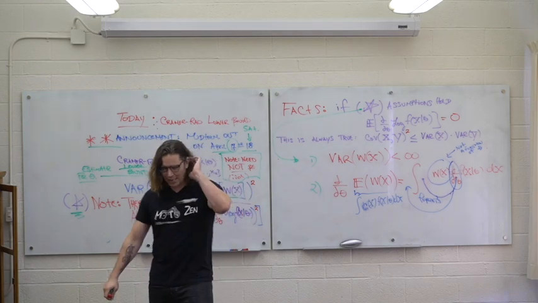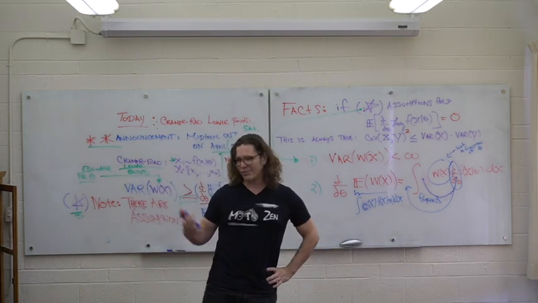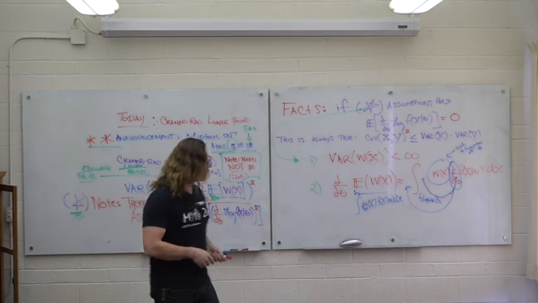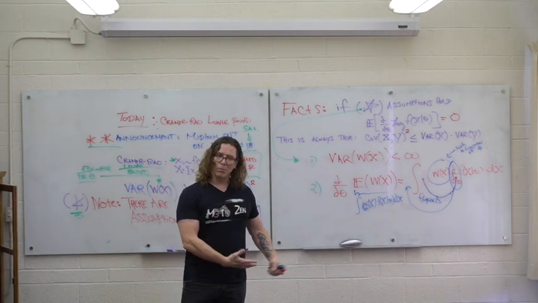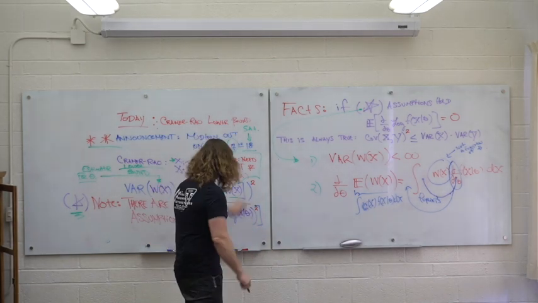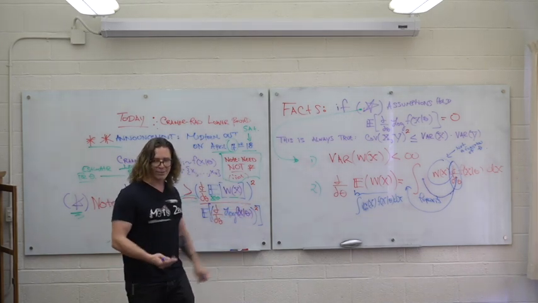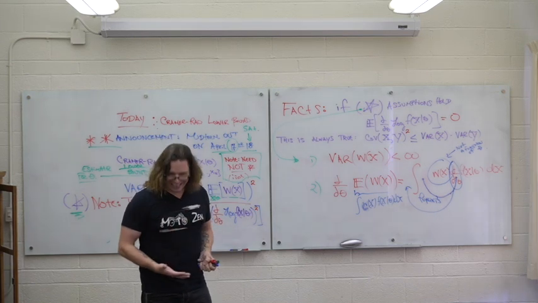So I'll just give you a heads up. Very common for me to ask on qualifying exams and finals. I'll give some problem, ask a whole bunch of stuff about it, and I'll ask, how does Cramer-Rao apply to this problem? And people will work out Cramer-Rao, and they'll do all the math, and they'll spend a whole bunch of time doing this, and then they'll make a statement. And the answer would have been, it doesn't say anything.